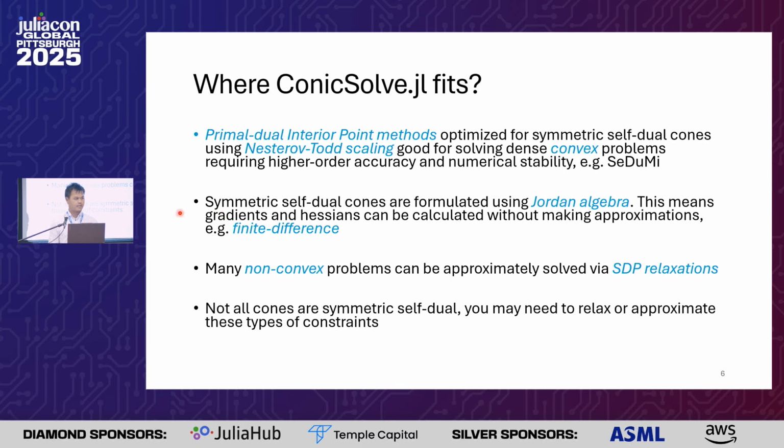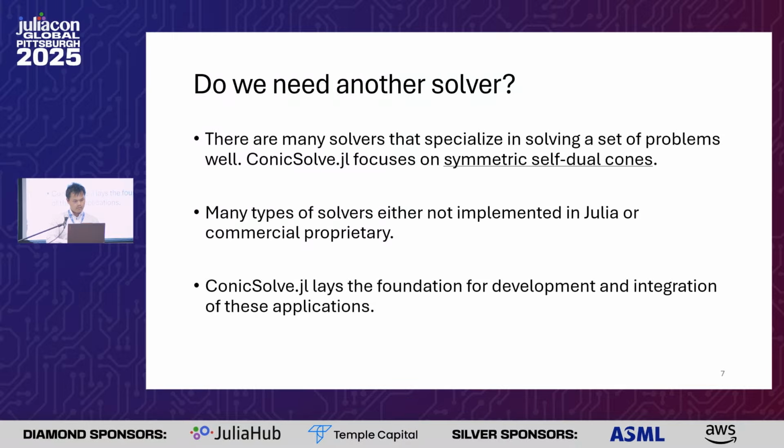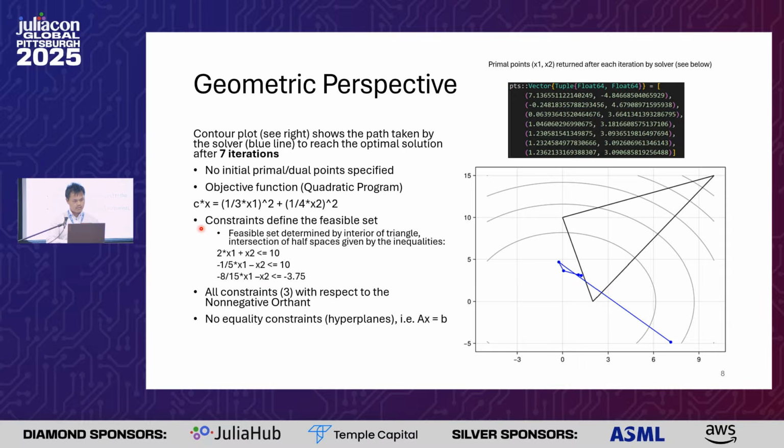It just means that you have to work with the different cone types. You are restricted to that, but it's necessary in order to get those performance benefits that I've described.